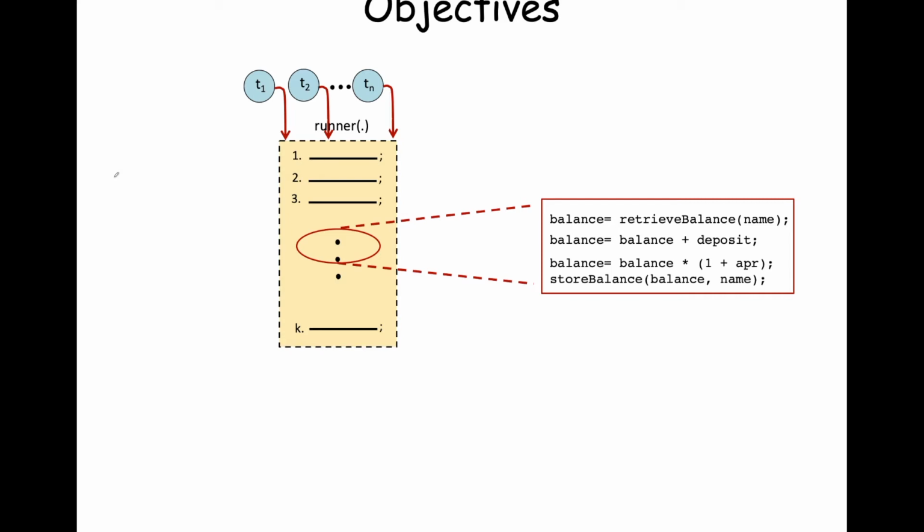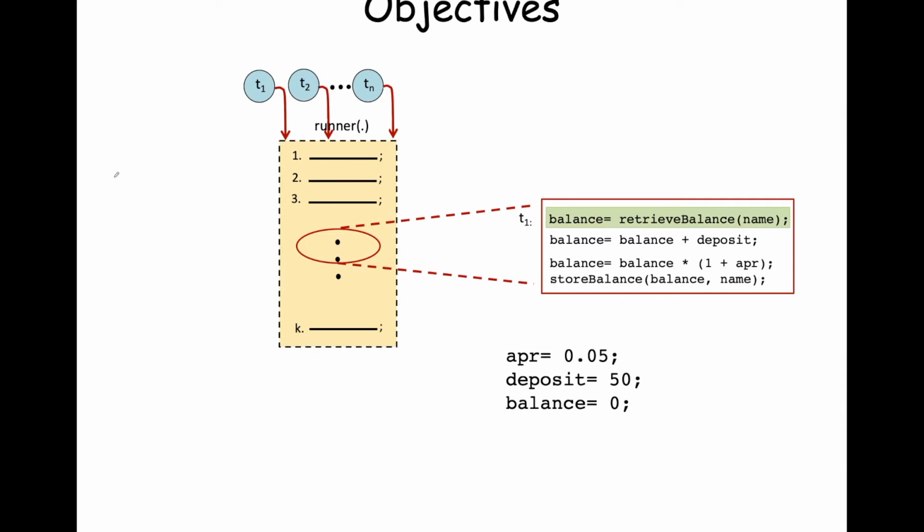So let's take a look at what happens when we have multiple threads executing this instruction stream, and they encounter this particular snippet of code that loads the balance. It performs an operation on that balance, adds a deposit, compounds the interest, another operation, and then stores it back.